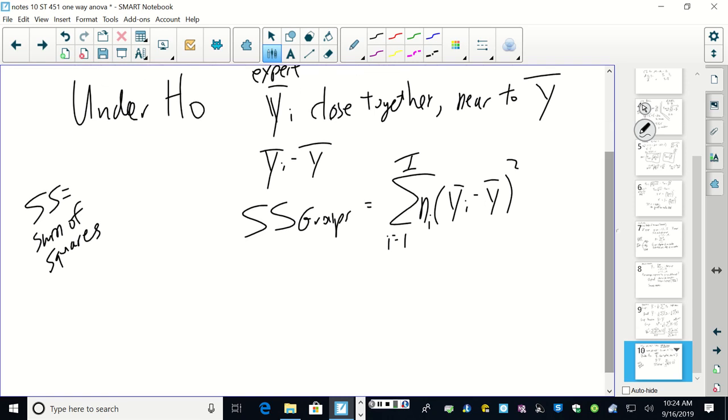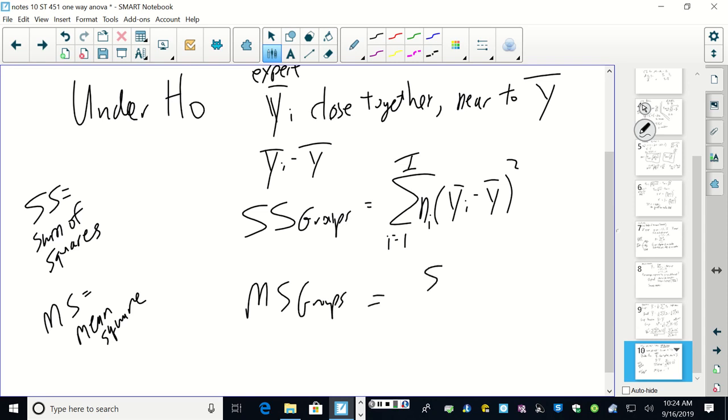So what could we do? Well, we could divide by something. The MS is going to be a mean square, or kind of an average square. So mean square groups is taken to be the sum of squares groups divided by I minus 1.